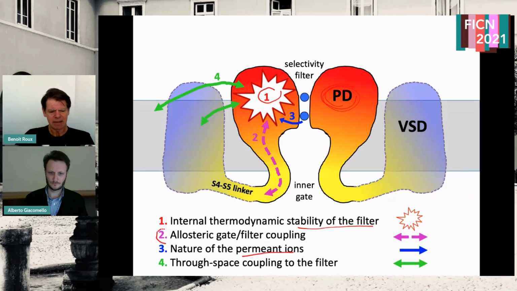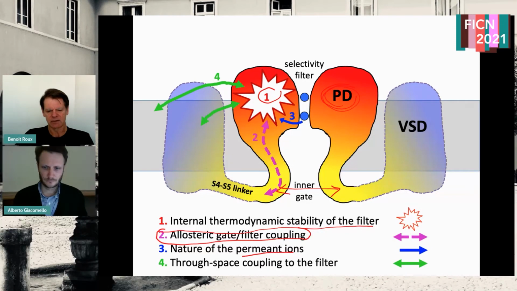There is clearly an allosteric gate-filter coupling. That means that the amount of opening of the activation gate talks to the filter. I didn't say exactly how this happens, but there are a few bulky residues in this area that if you make them smaller, like an alanine or something like that, you diminish very, very much this allosteric coupling.